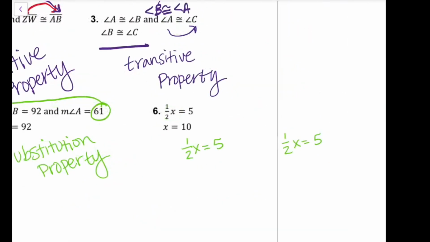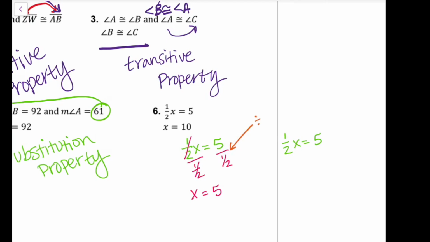On number 6, I can use one of 2 different properties. If I were to take 1/2 and it's times by x, I would do the opposite, which is divide both sides by 1/2. The 1/2 and 1/2 cancel. I have an x on the left. This right here is a division sign.